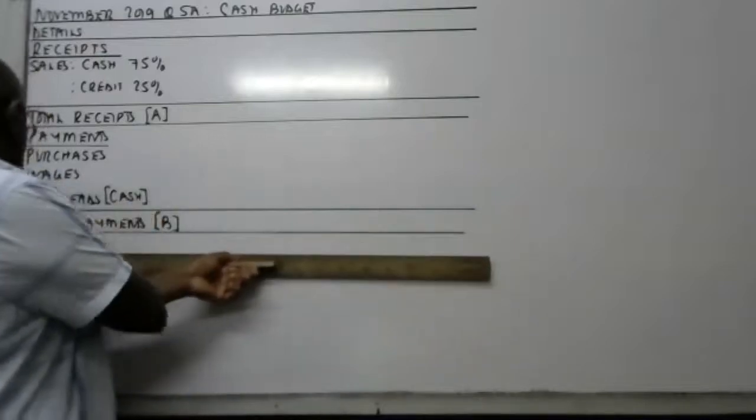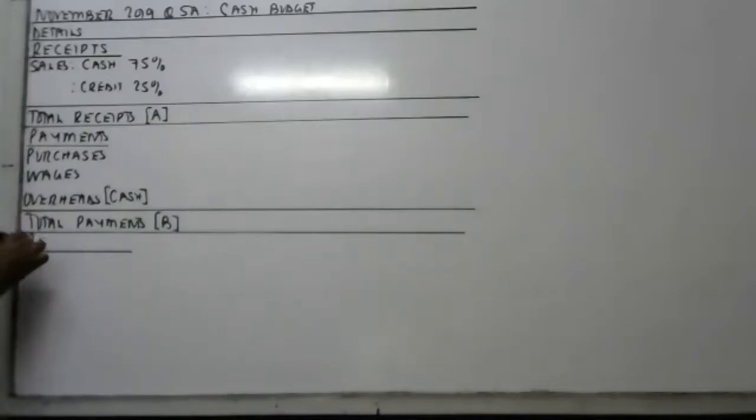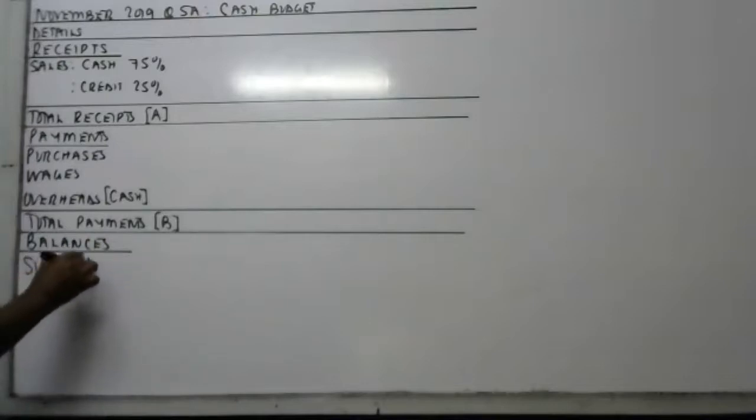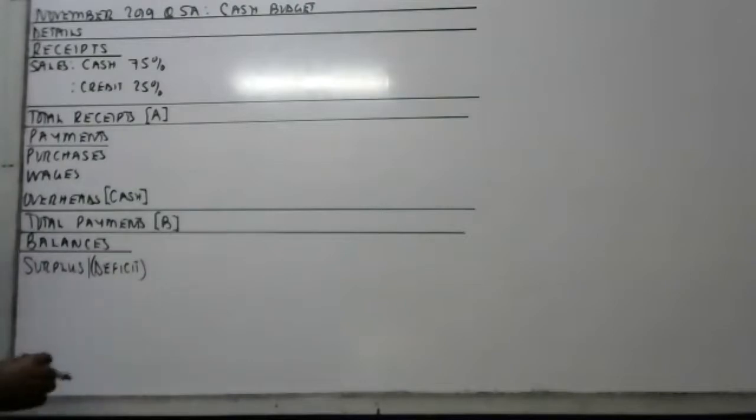Then thereafter, I have what we call balances. So in the balances, I have surplus stroke deficit, and deficit is in brackets.